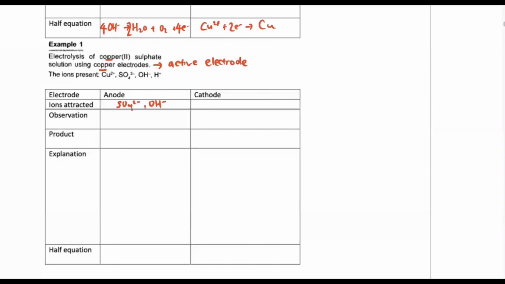Okay, so the product is actually the copper electrode. I just write the product straight away, and I put the copper electrode in the explanation. So the product is Cu2 plus.